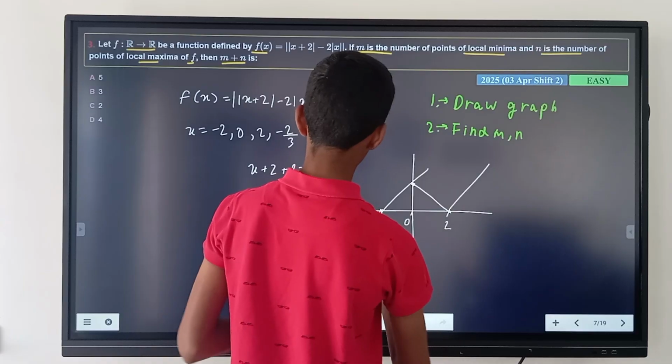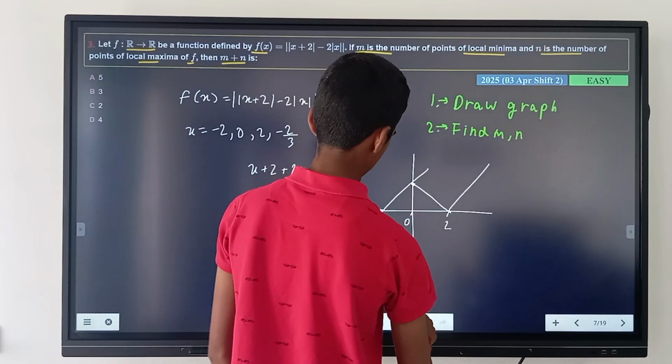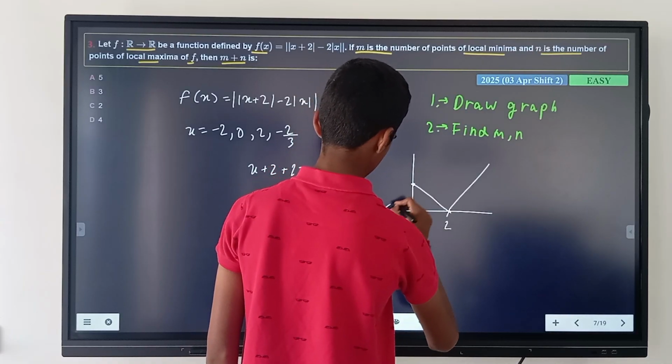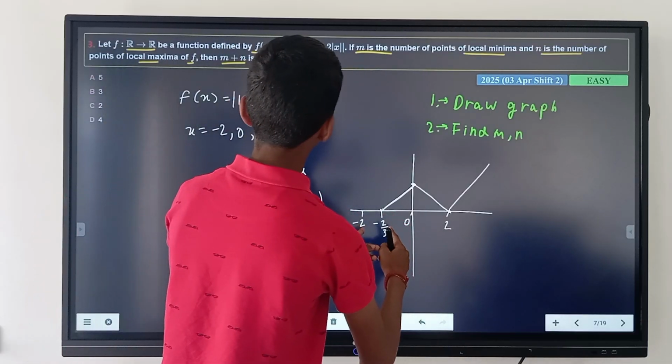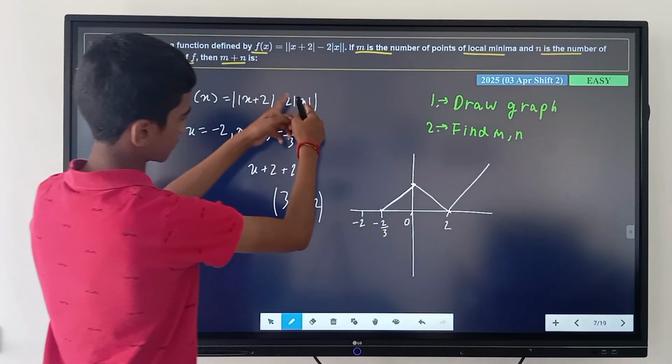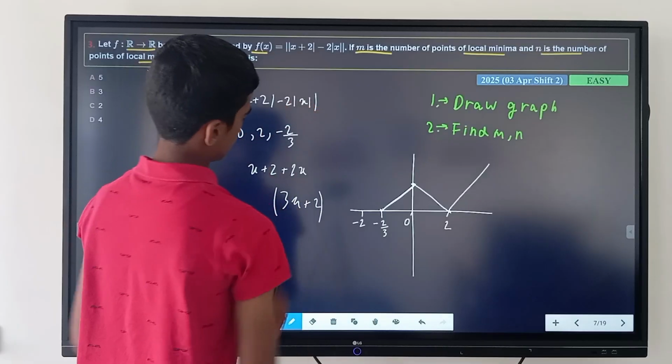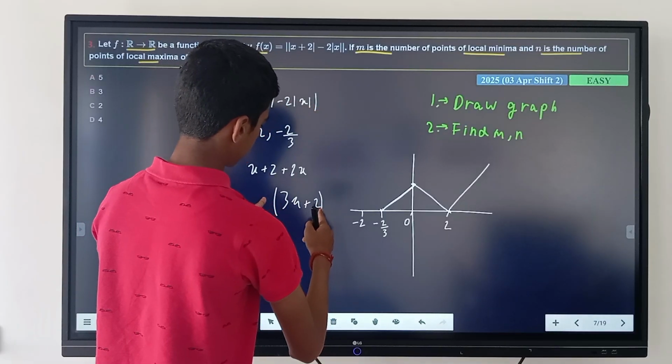So mod of 3x plus 2 between 0 and minus 2 by 3 will be like this. And again between minus 2 and minus 2 by 3, this will open with positive, this will open with negative, but this mod will open with negative.